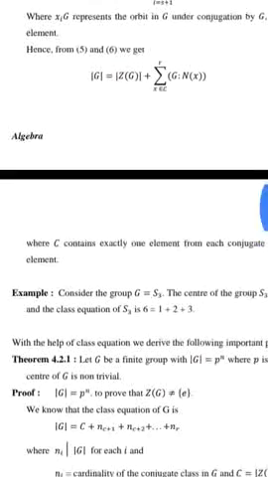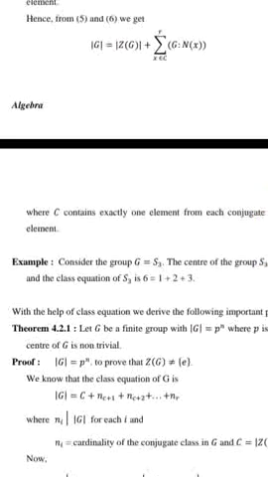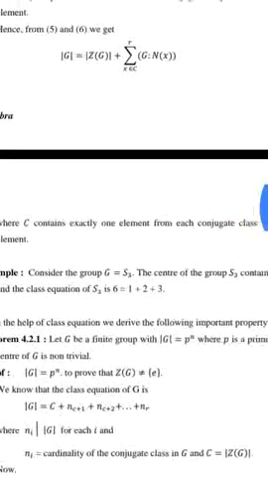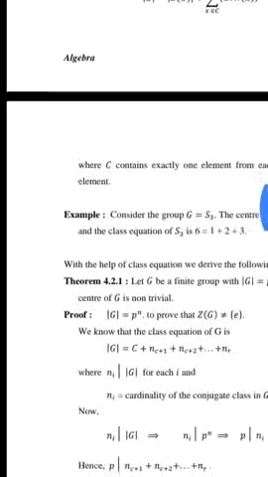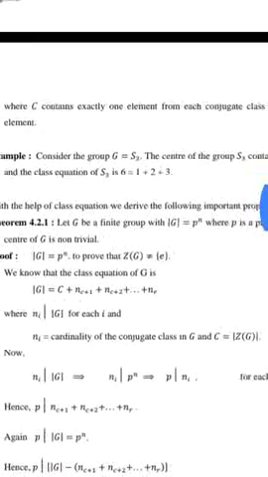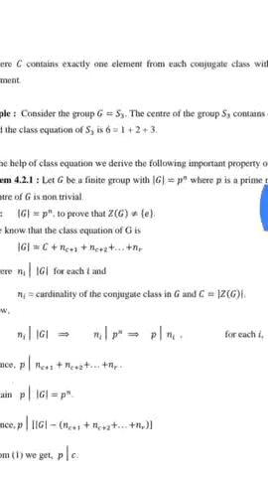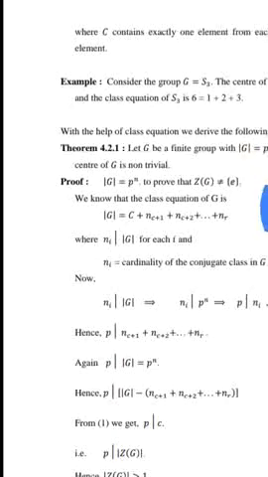Hence, from 5 and 6, we get the cardinality of G is equal to the cardinality of Z(G) plus the summation of the index of N(x) in G, where C contains exactly one element from each conjugacy class with more than one element.